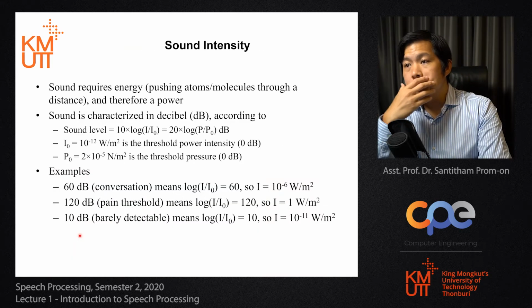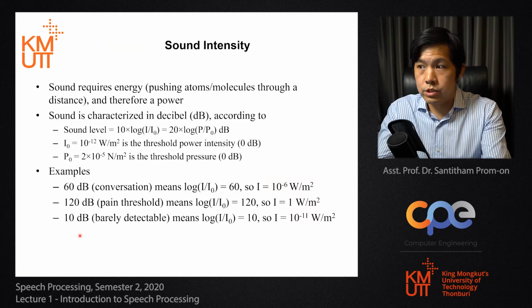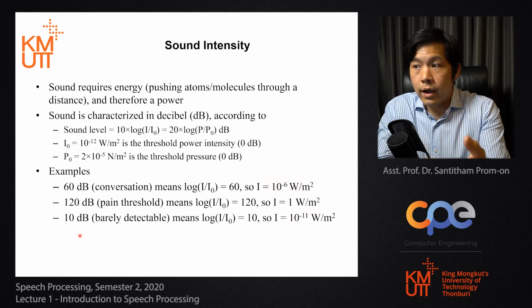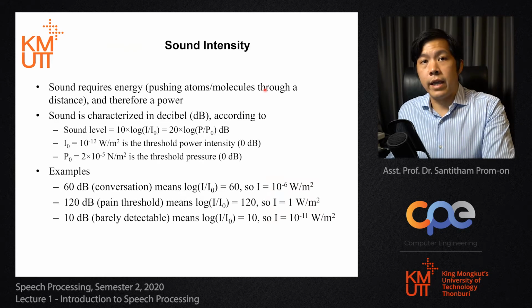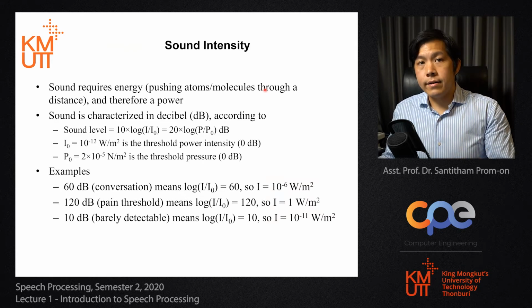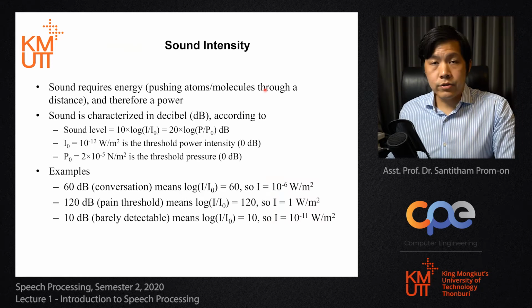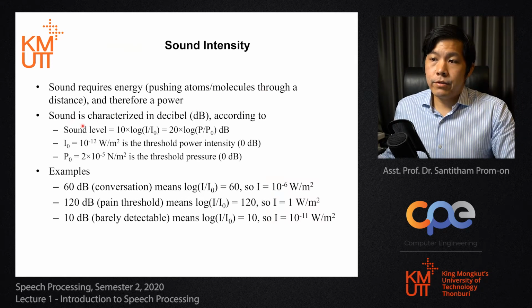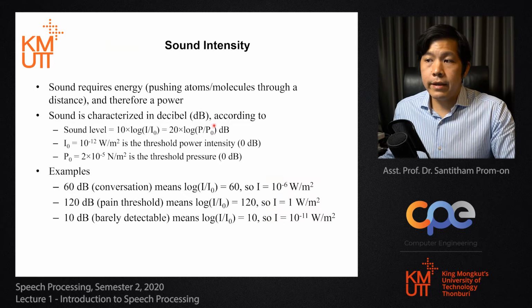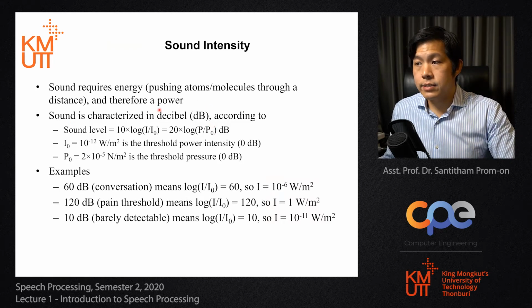So sound needs to travel through space, and it requires a certain energy to push the atoms and molecules of the air over distance, and that actually makes it hard to travel. The loudness of sound is characterized by the decibel.